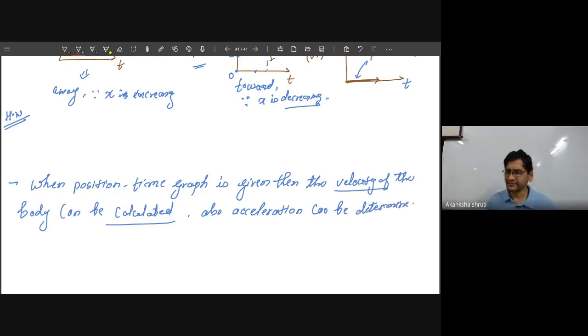At least not the exact value, but at least we can say whether the body is in uniform acceleration or non-uniform acceleration, or whether the acceleration is positive or negative. This thing we can say. All these things can be predicted.